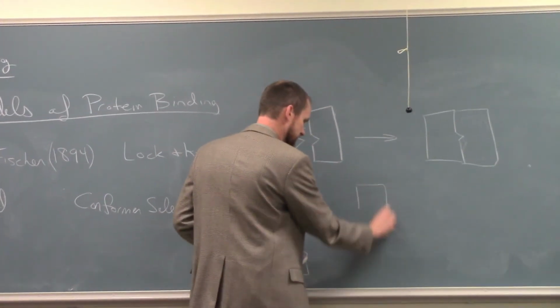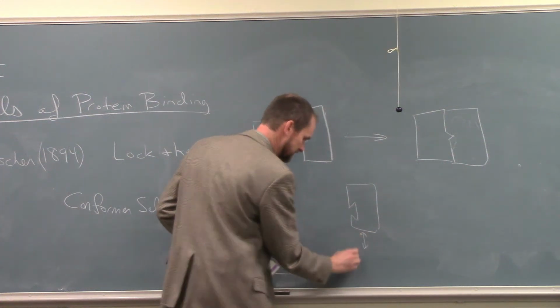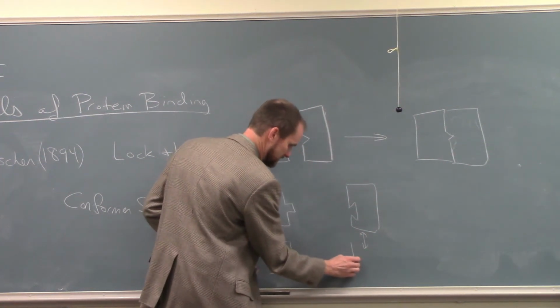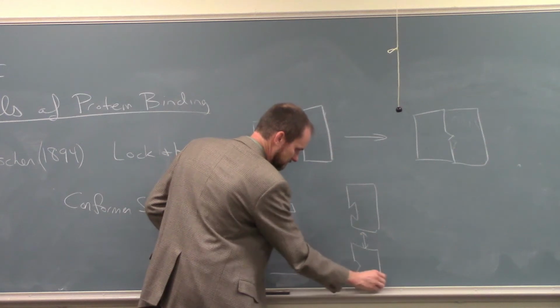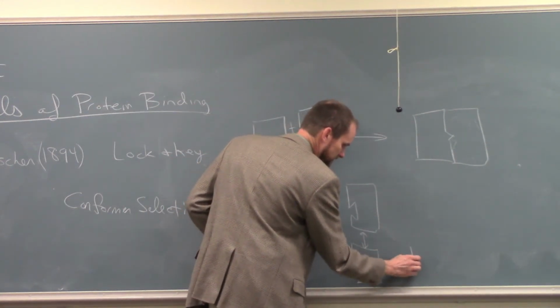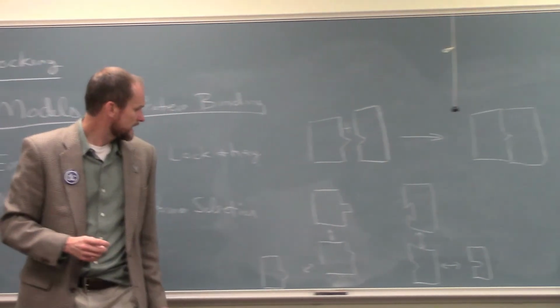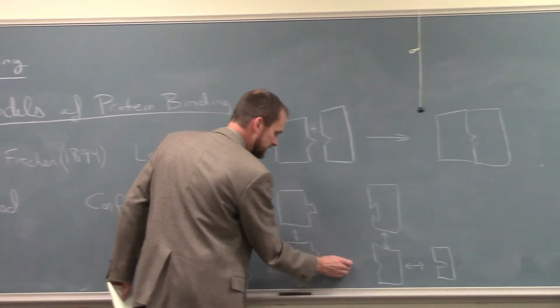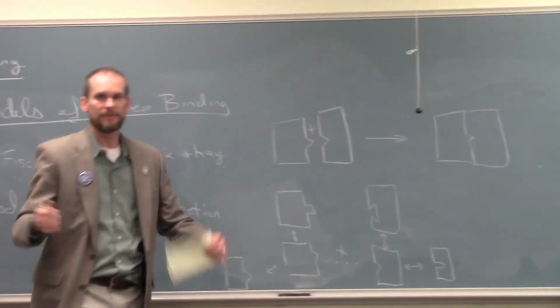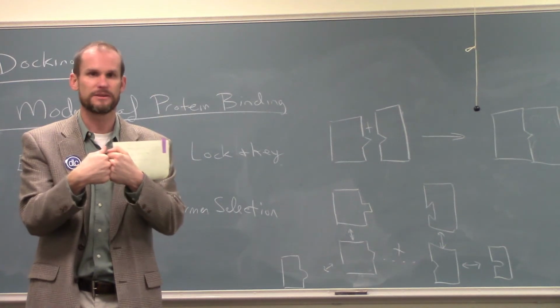The other protein is the same. They also have several different configurations. And it might be that only some of these actually fit together, and the proteins might bump into each other and might not even bind because they're not in the right configuration.